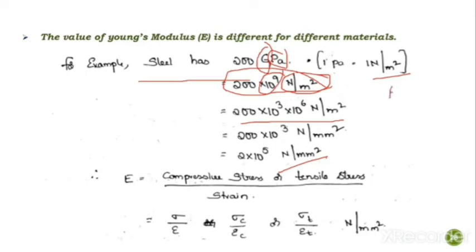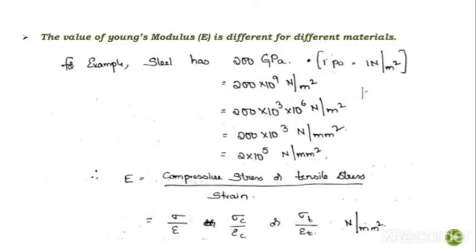So you know 1 meter is equal to 1000 mm, right? So 1 meter equals 1000 mm.